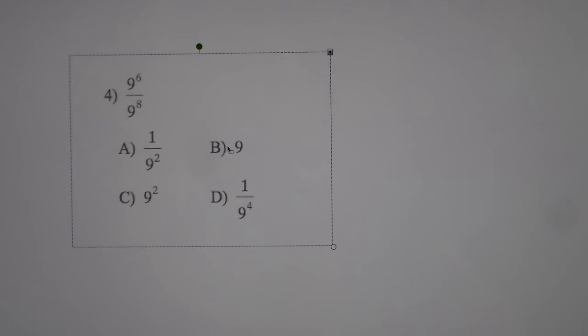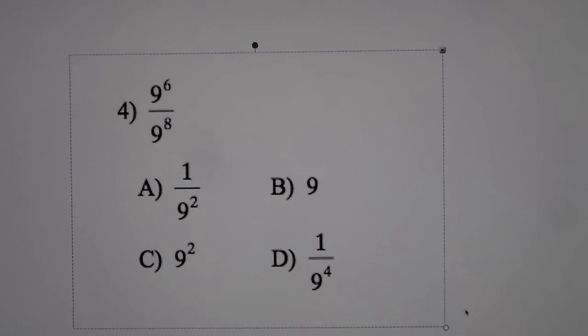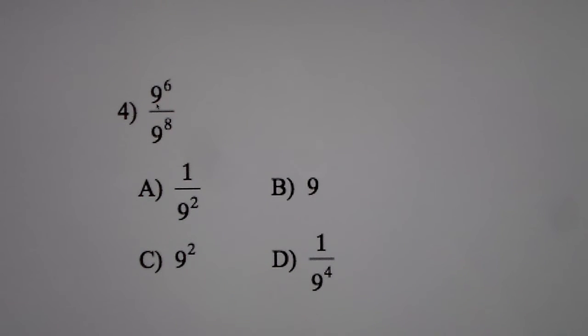Alright, let's look at number 4. This one we have 9 to the 6th divided by 9 to the 8th. Now, this one's a little bit different because the higher power is in the denominator. When the higher power is in the denominator, that's the location of where we're going to put our answer.